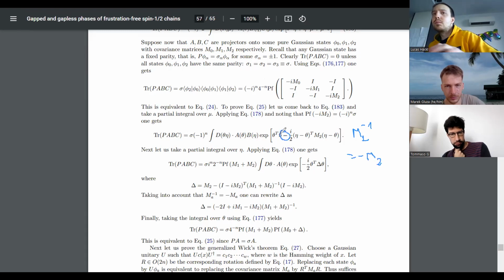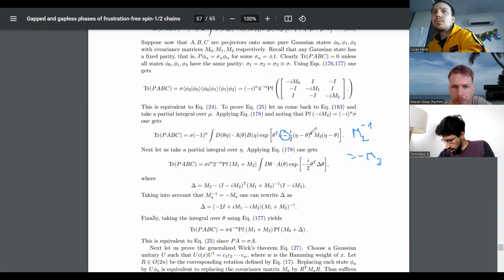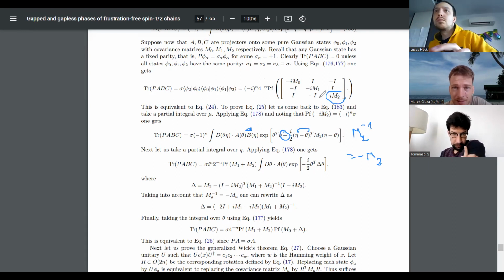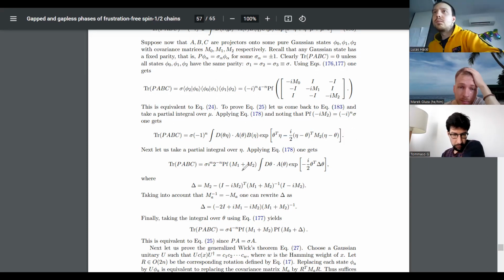For example, here we would have to notice the phases, and I don't want to go into those details. But basically, if I remember correctly, M2 was here, and now we would need to understand why this is eta minus theta. This makes everything a bit more complicated, but it's always iterating like this, because this is again in the standard form.